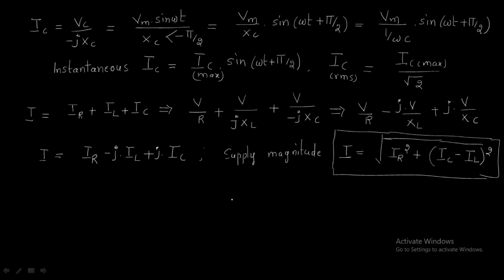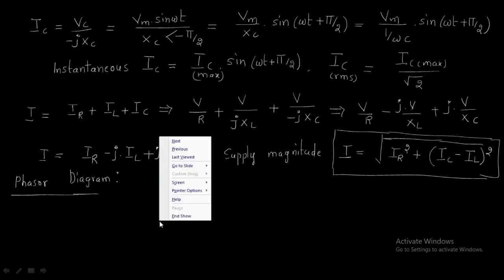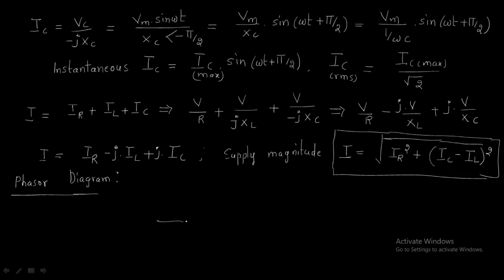Now we will draw the phasor diagram. The phasor diagram is very important here to understand the concept. For writing the phasor diagram, first, what is the common thing here? The common thing is the voltage.